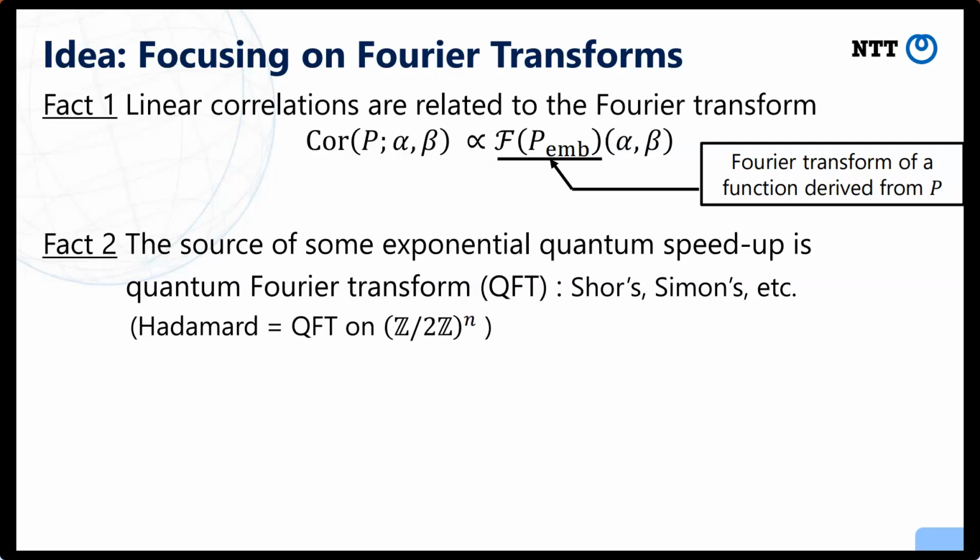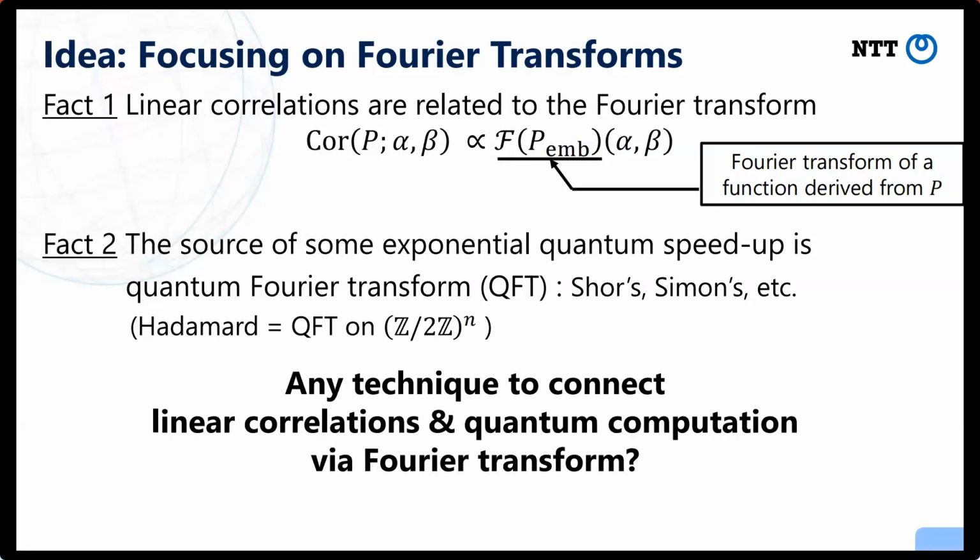And there are two important facts. The first fact is linear correlation is proportional to the Fourier transform of a function derived from f. And the second fact is that the source of some exponential quantum speedups by Simon's algorithm and Shor's algorithm and related algorithms is the quantum Fourier transform.